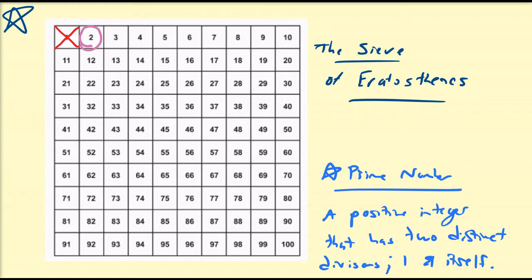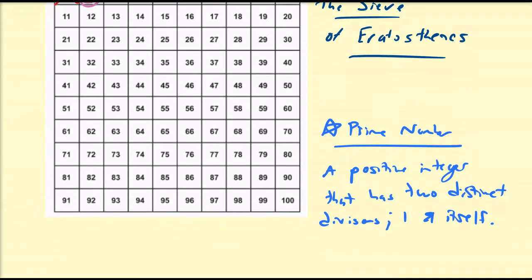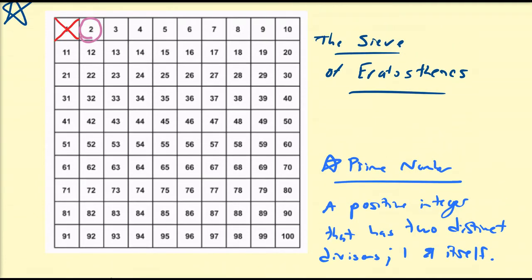And it's also very easy to verify the following theorem, that 2 is the only even prime number. Because we can take, for example, 4. 4 is not a prime number because it has more than two distinct divisors.